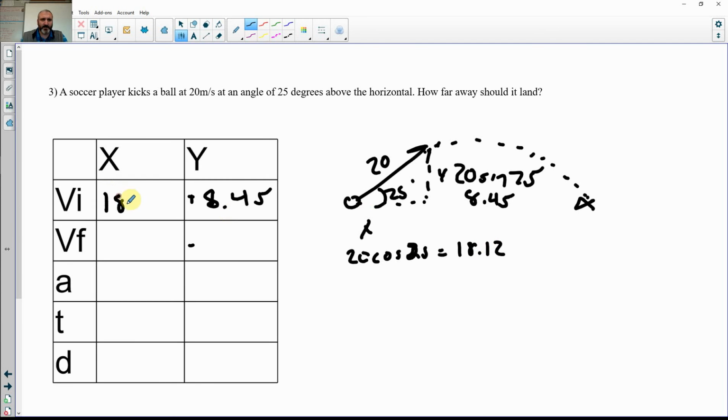So in the X, 18.12, 0, negative 9.8, and negative 8.45, again, because this is landing back on the ground.